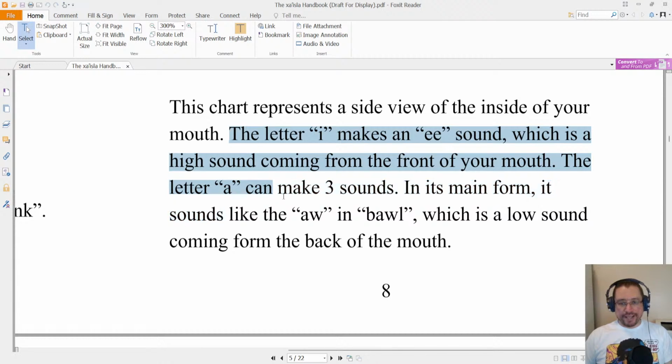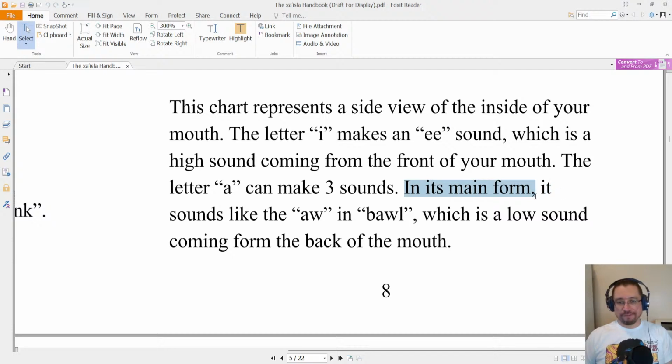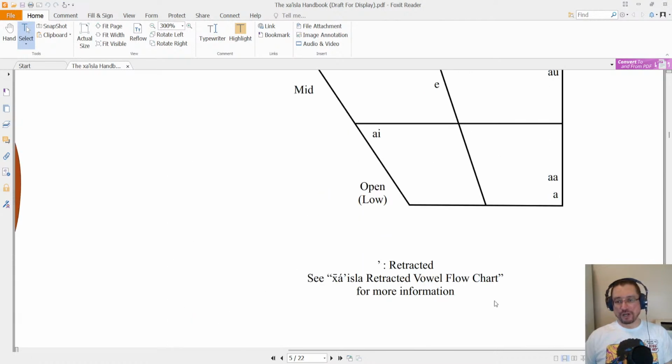The letter A can make 3 sounds altogether, and we'll take a look at some xa'isla words that use different A sounds as examples. In its main form, it sounds like ah, as in the English word ball, as in to cry, which is a low sound coming from the back of the mouth.